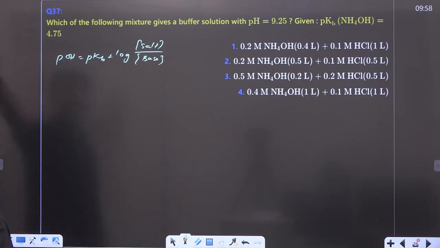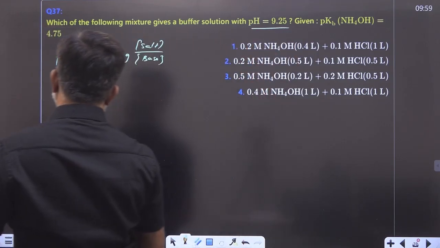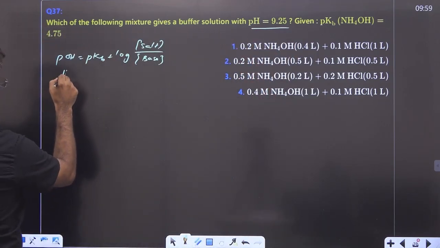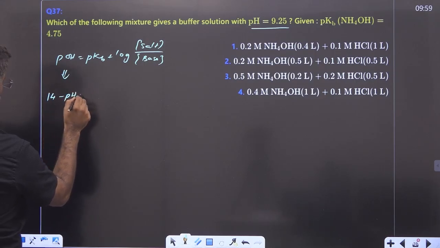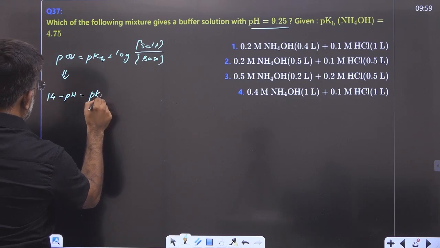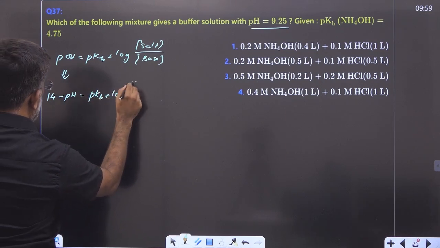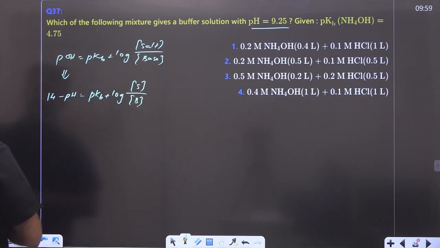You know that. Here what is given is pH. So pOH will be 14 minus pH, equal to pKb plus log concentration of salt by concentration of base.